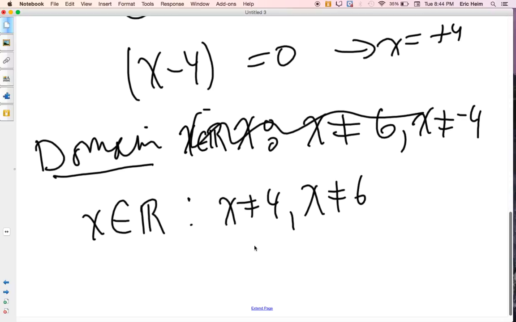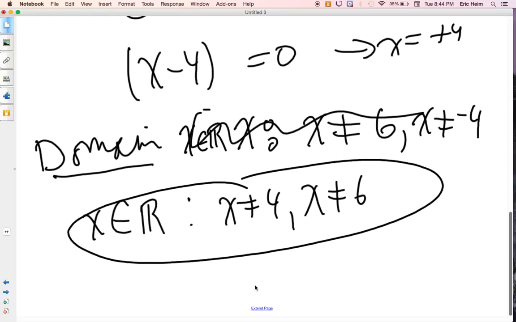The important thing is the domain is all values of x except 4 and 6. There are various different ways of writing that.